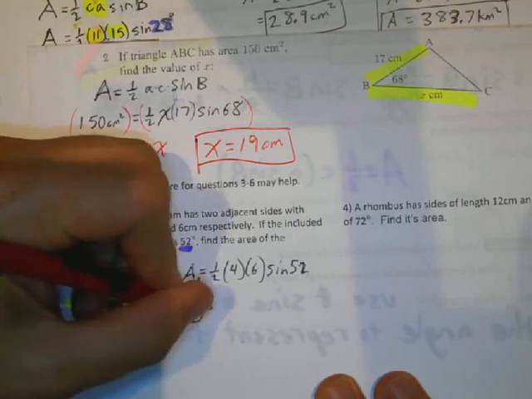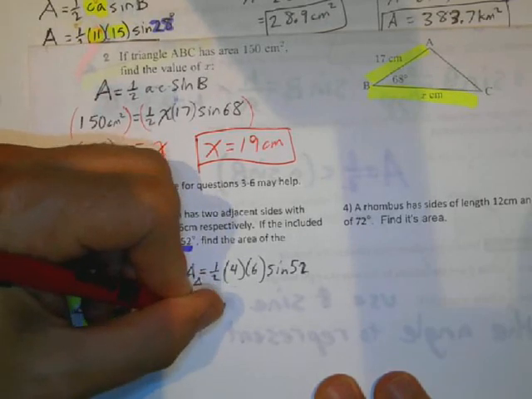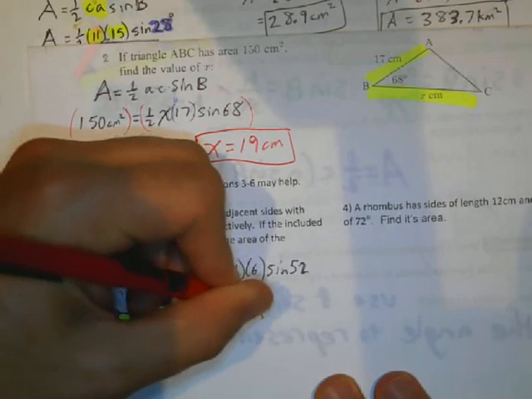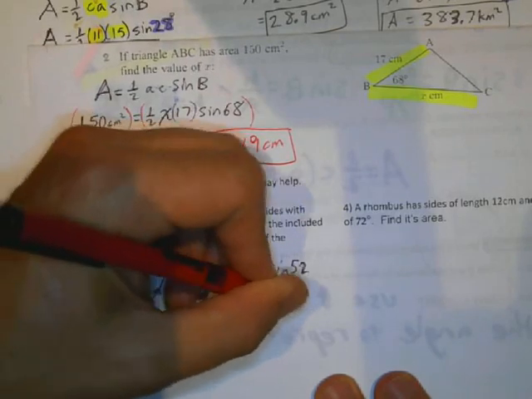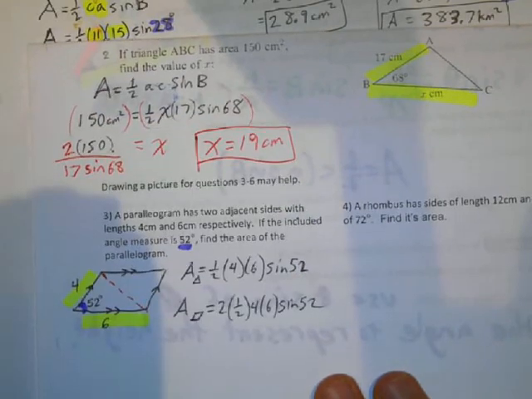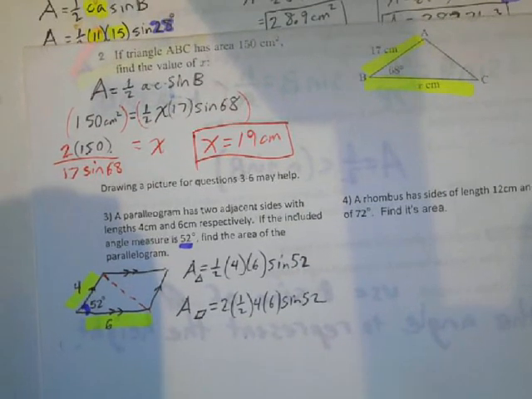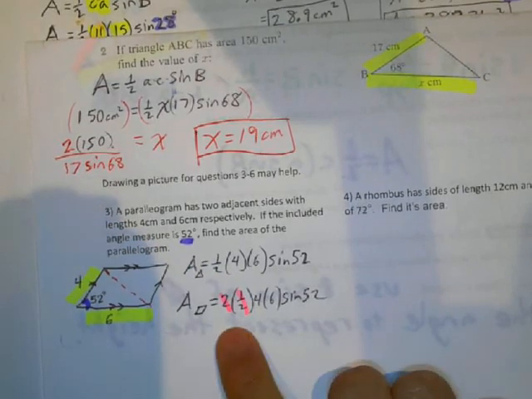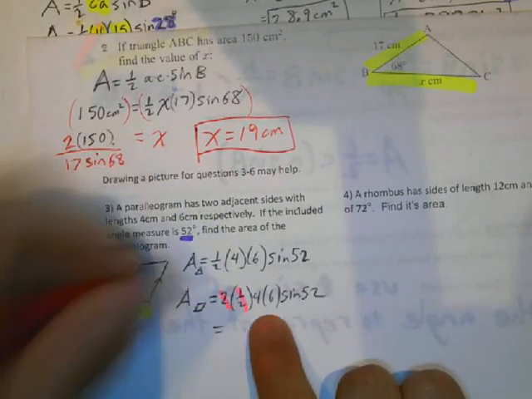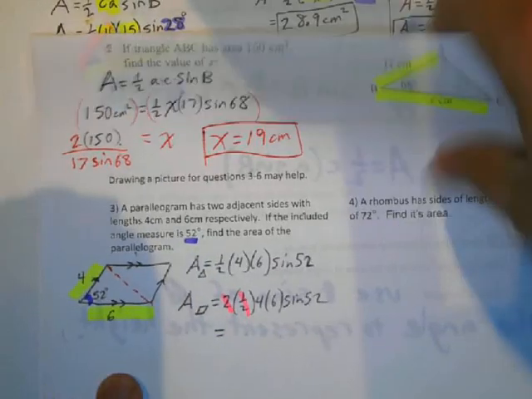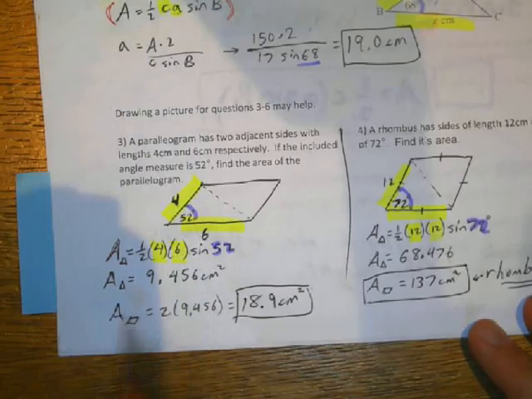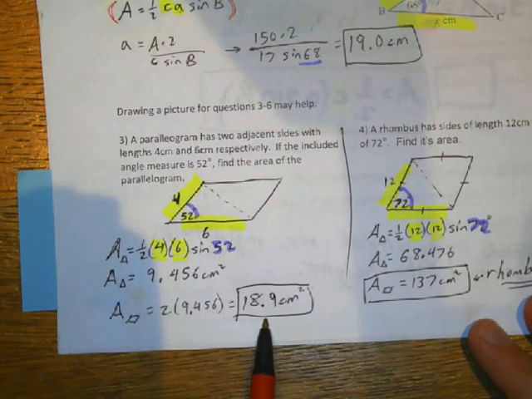So we have to multiply that by 2. Now, it's silly to multiply by 2 because we have this half that's just going to cancel out. So we've got 4 times 6 sine 52. Put that into your calculator, and you're going to get 18.9.